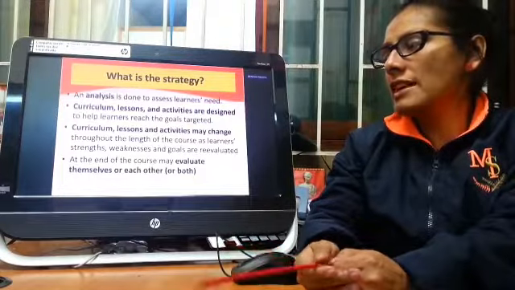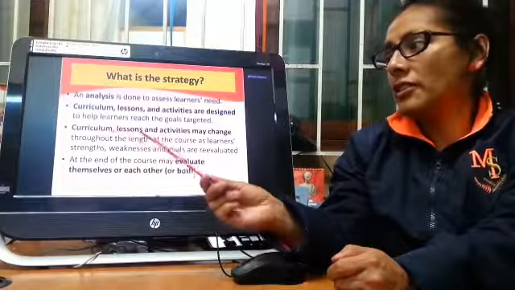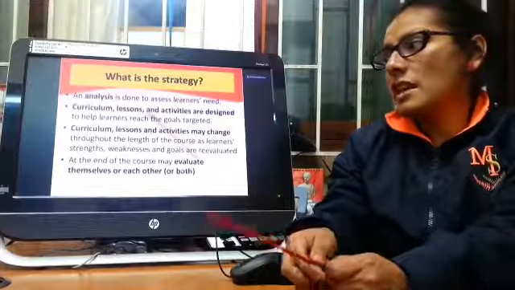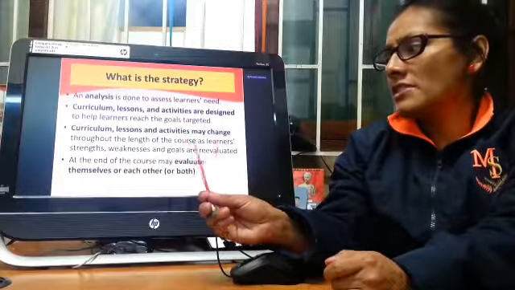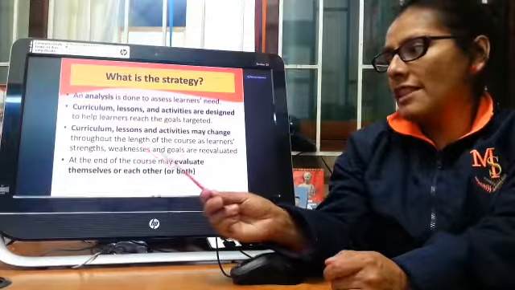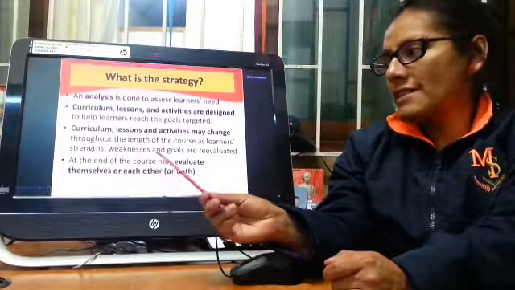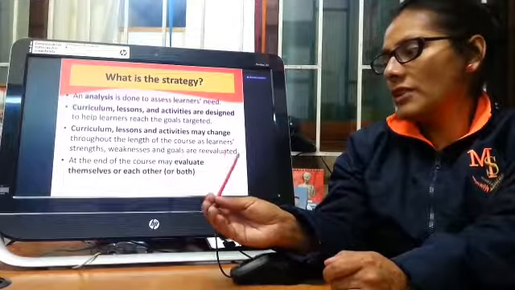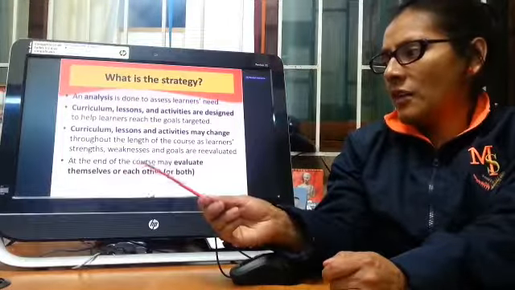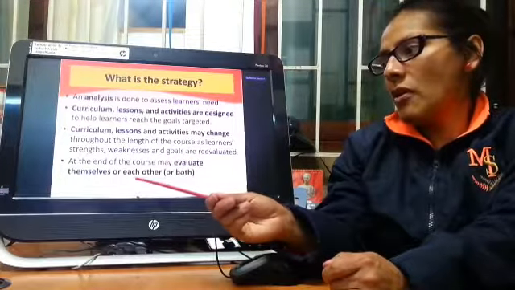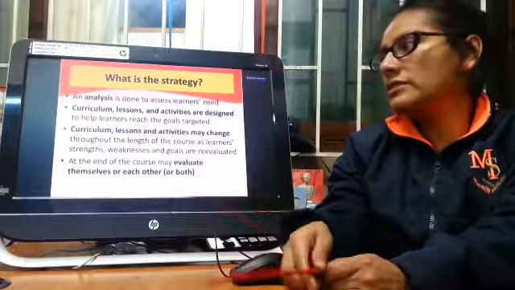Curriculum, lessons, and activities are designed to help learners reach the target goals. They may change through the length of the course as learners' strengths, weaknesses, and goals are reevaluated. At the end of the course, learners may evaluate themselves or each other.